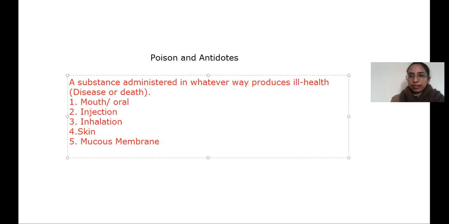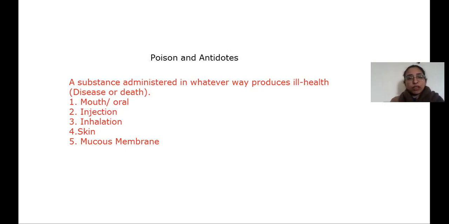That is ill health. Okay, I believe this is clear to everyone. What is poison? Poison is a substance administered in whatever way that produces ill health. Ill health can be disease or death, and the different routes of administration are mouth or oral, injection, inhalation, skin and mucous membrane. Okay, I believe now the definition is clear to everyone.